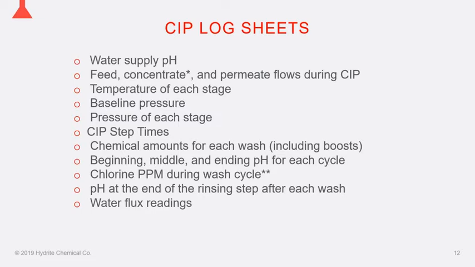Baseline pressures, temperatures, of course, and the step times, the amounts of chemistry being used, including all the boosts and the pH. You all know beginning, middle, and end. Very, very important to understand what that is, both on pH and our ppm, and especially understanding where we are with our chlorine concentrations at the very end of our CIP, and of course, water flux.